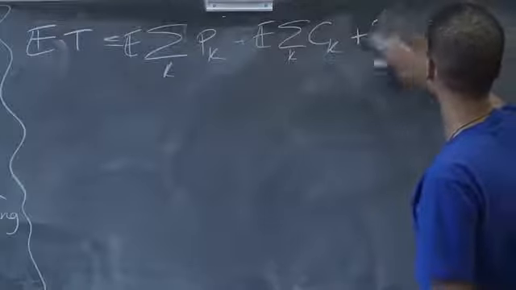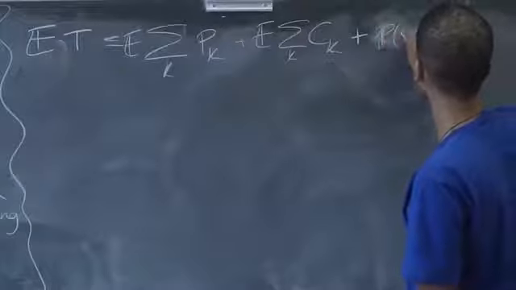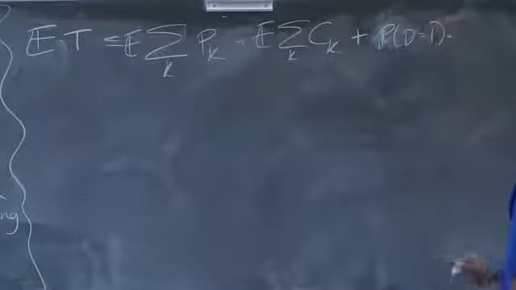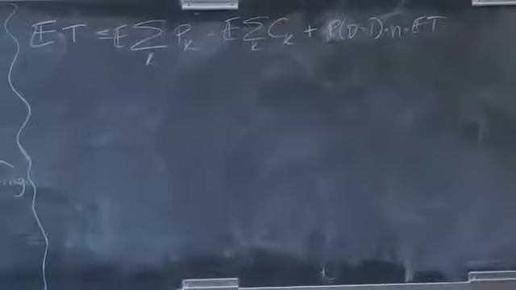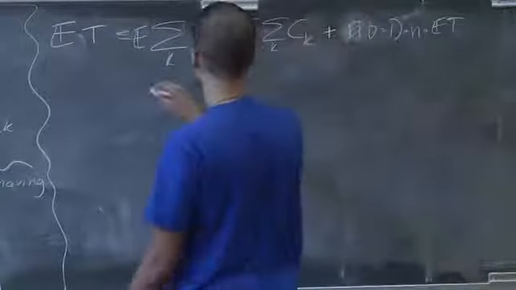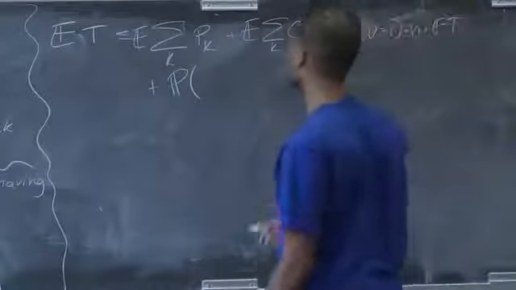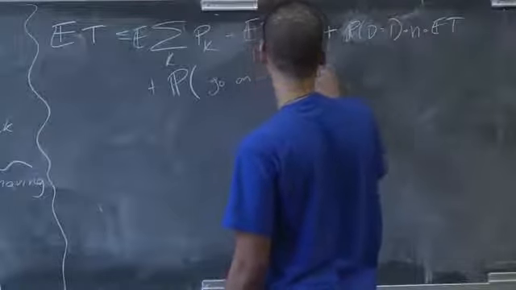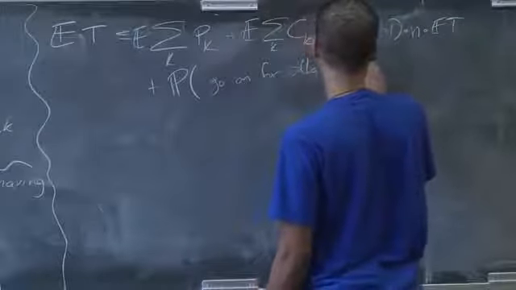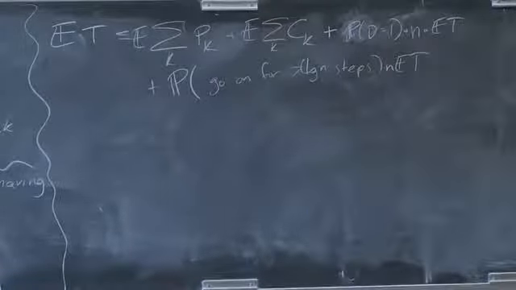So plus, the probability of D being 1 times n times the expectation of T, plus the probability that we go on for more than C log n steps times n times the expectation of T.